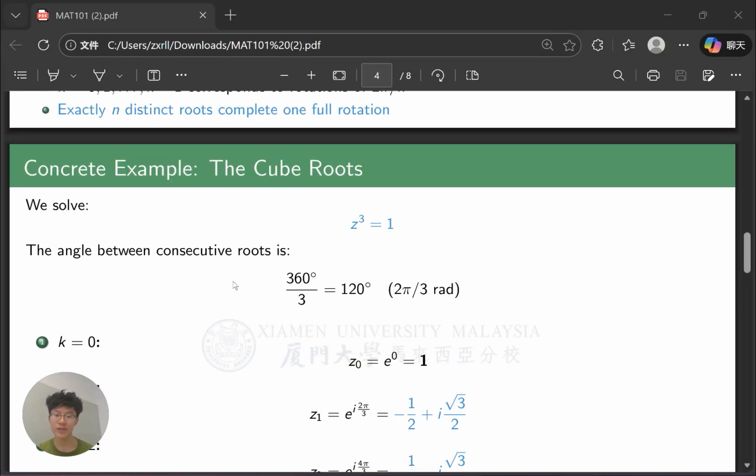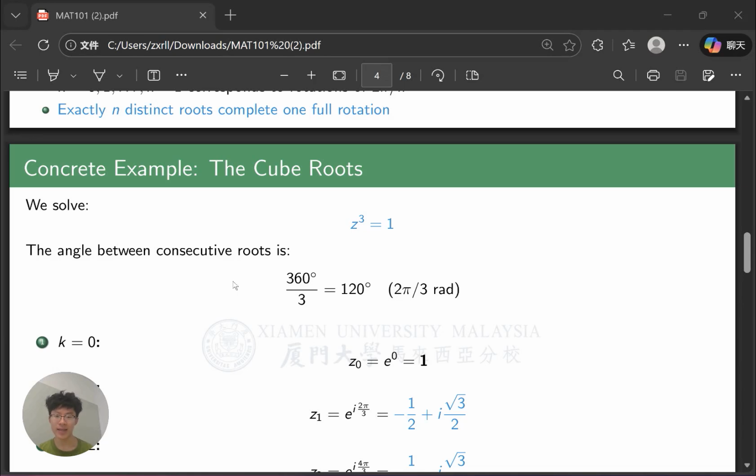To make this abstract concept concrete, let's look at a specific case, the cube roots, where n equals 3. We are solving z cubed equals 1. According to our formula, we need to divide the full circle of 360 degrees, or 2 pi radians, by 3.